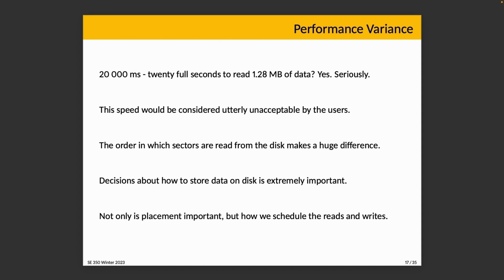So the order in which sectors are read from the disk, it turns out, makes a huge difference, right? If they are not located sequentially, it's going to be very painful to read a large amount of data. We're going to talk, in an upcoming topic, about how we store the data on disk, and that's going to favor, if you will, something like sequential allocation.